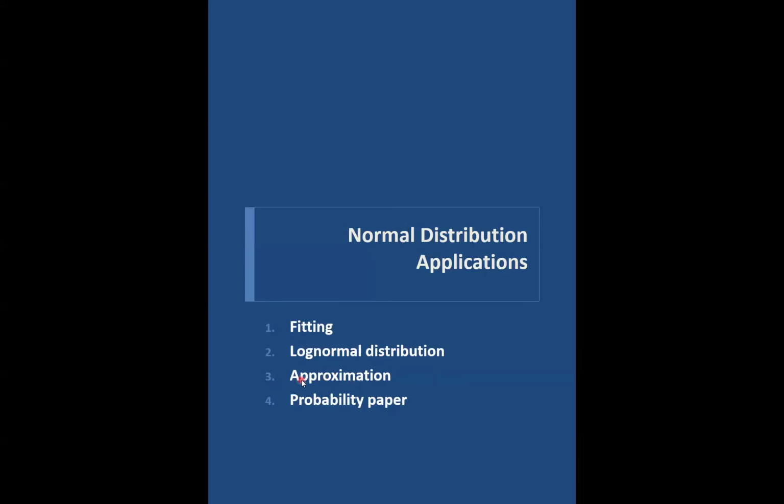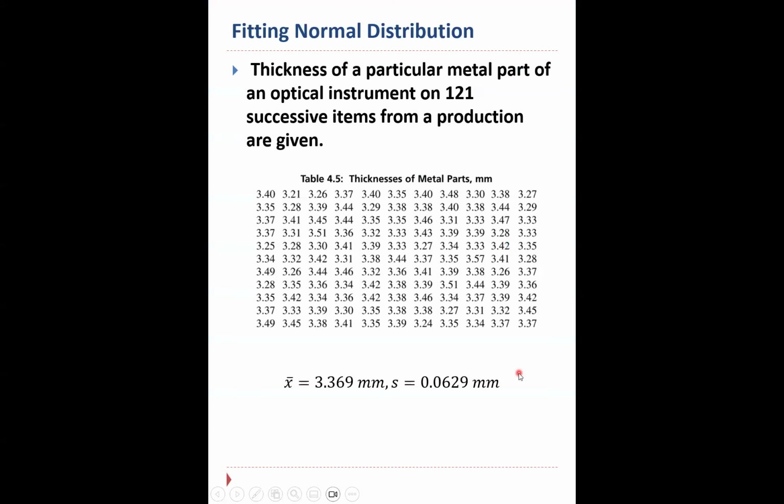And also, there is going to be the third modality, like I mentioned in the earlier session, that the binomial processes for a very large number of trials can also be estimated by the use of the normal probability distribution table. So let's look at the fitting of the data.